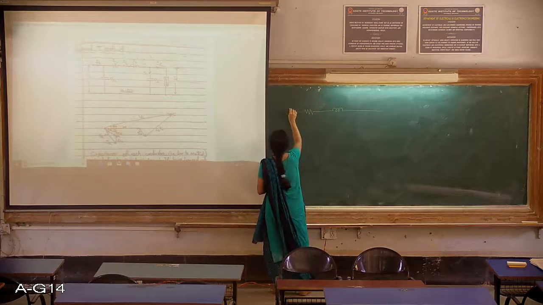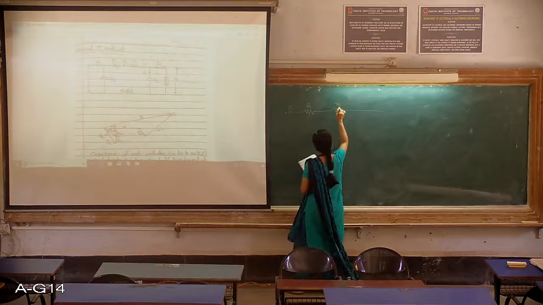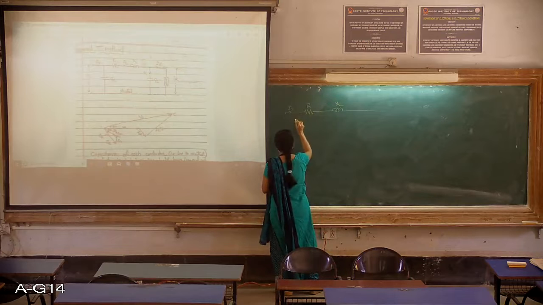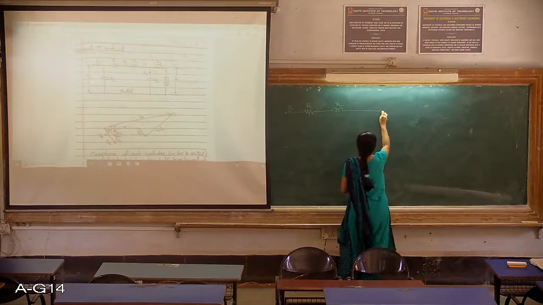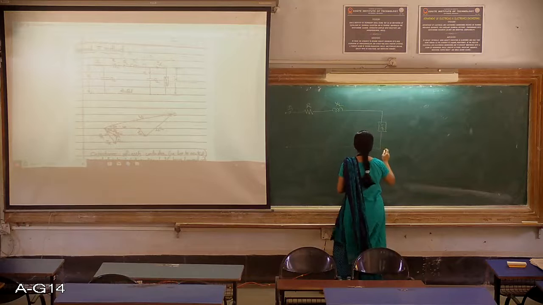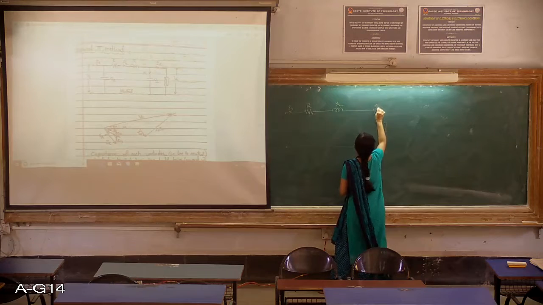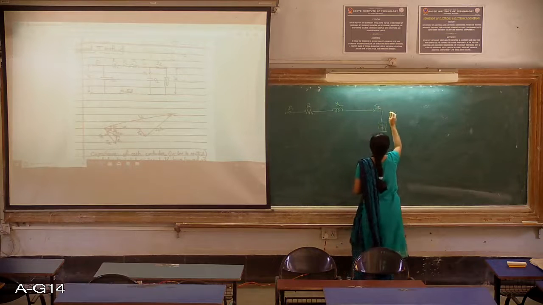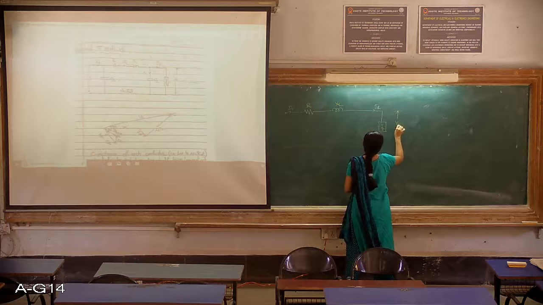So I am drawing the regular model here. Let me call it R, and XL, and this is the sending end current. Then we have the load here. The current I have to indicate is IR, and here you have the drop VR.